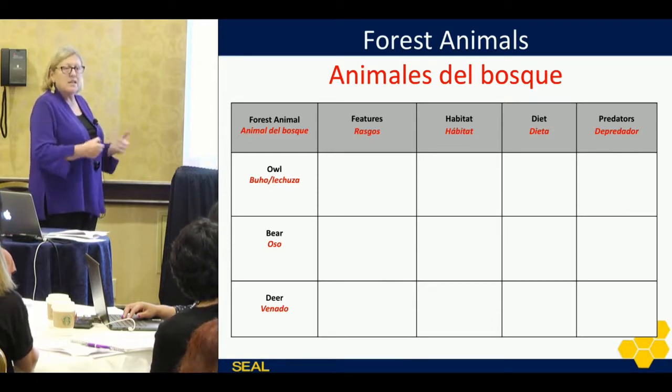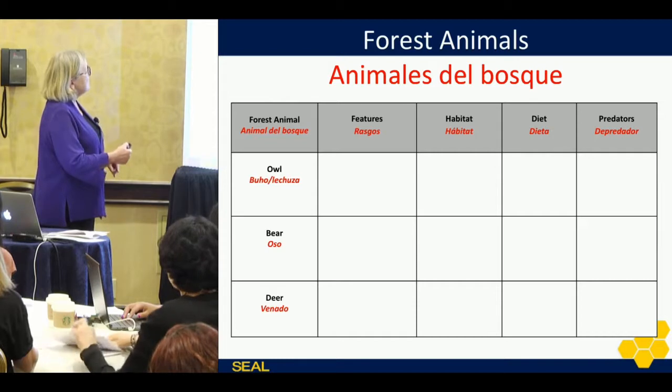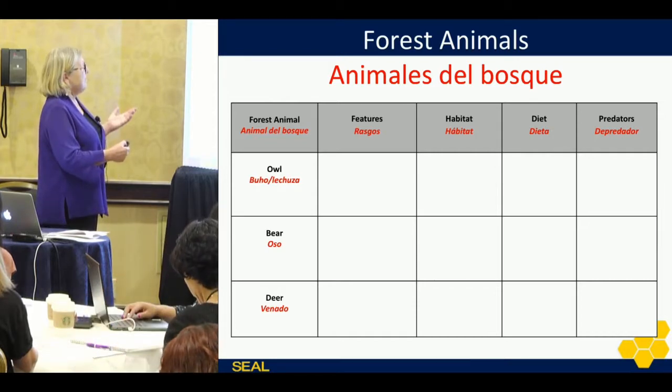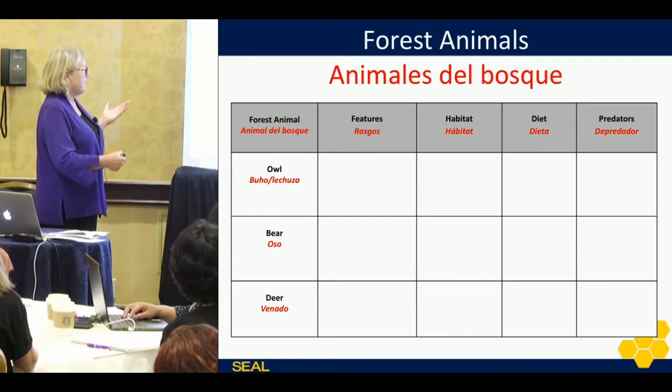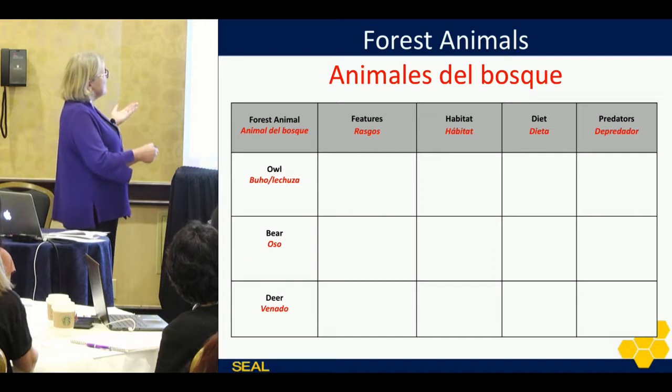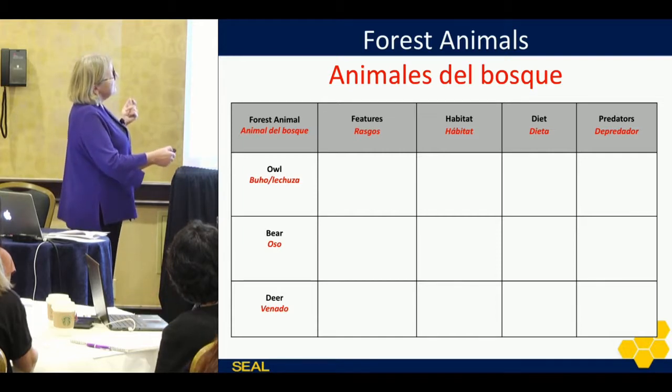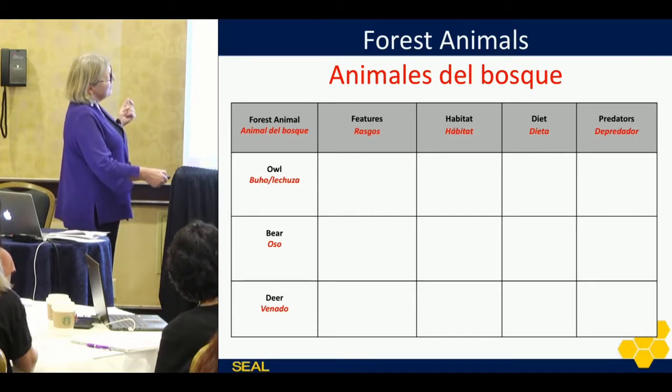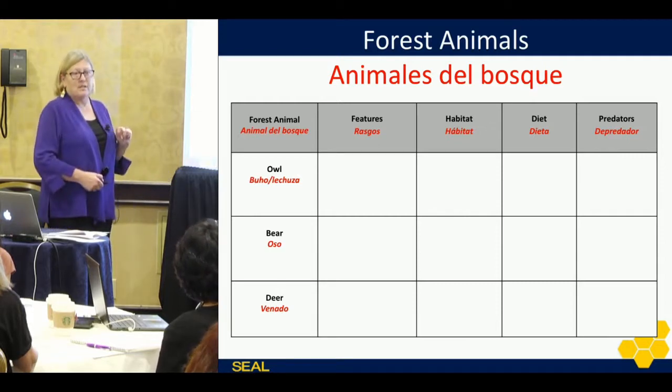They need some contrast. So they said, well, let's do a bird of some kind that flies. We'll do a furry animal, and they came up with these because these have different enough features, habitats, diets, and predators.